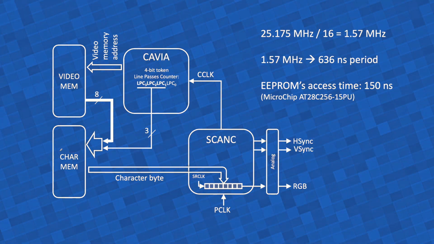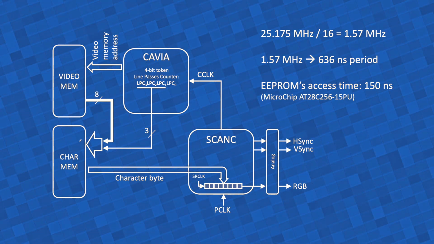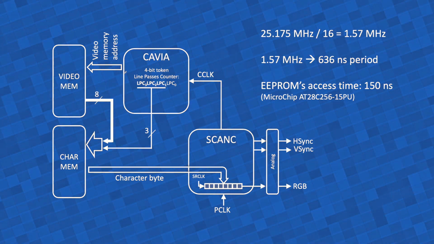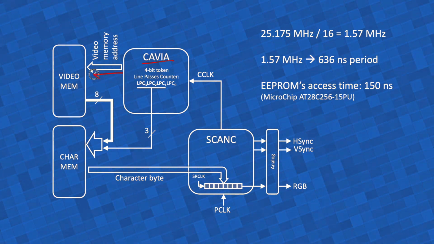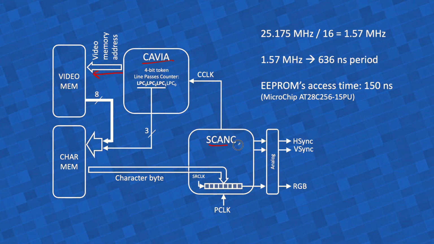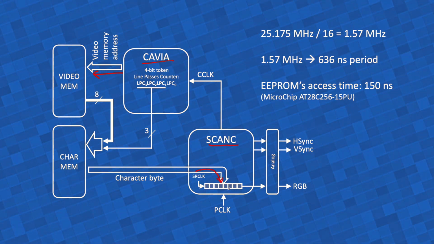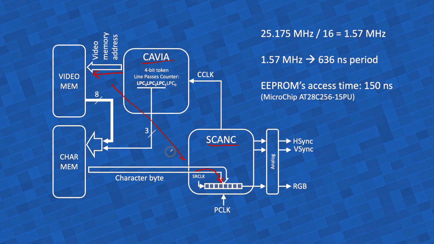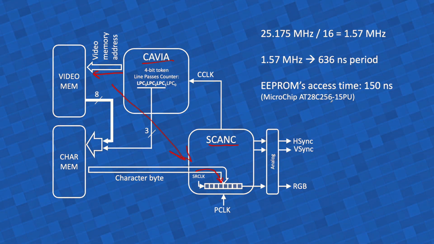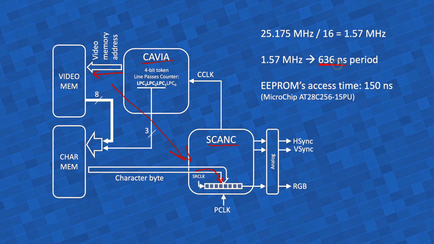Now, having said all this, we have to give ourselves as much of this time as possible. So from the moment Cavia puts an address in the video memory address bus to the moment that SCANC latches the corresponding byte into its shift register, we want that elapsed time to be as high a percentage as possible of this allotted time we have here.